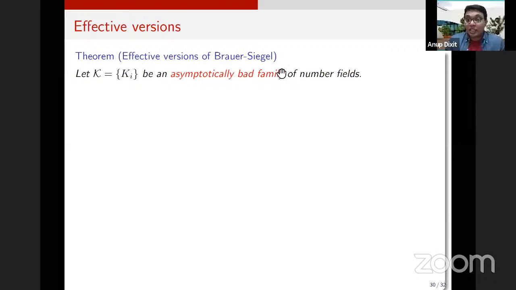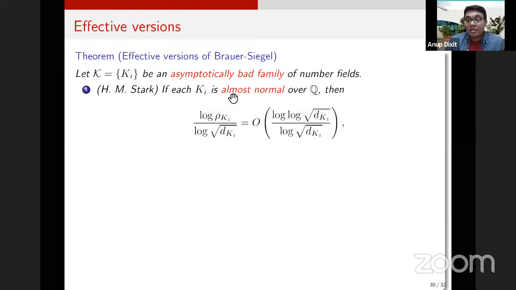Like for an asymptotically bad family, that is in the classical setting, Stark's work shows that if you have a family of almost normal fields... I should also say what solvable closure means. Almost normal field means the following.